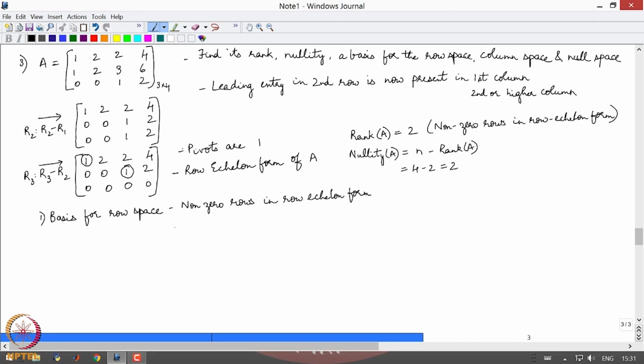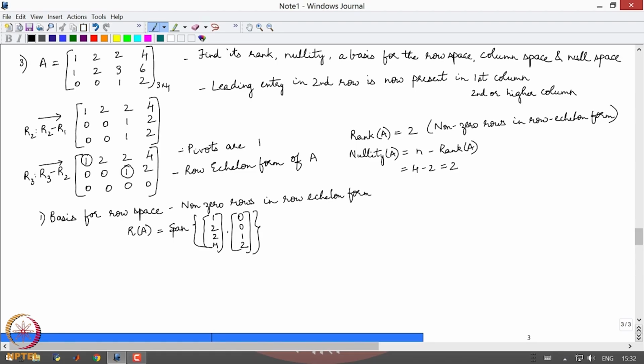So, I can say that my row space is the span of these rows, so this is my row space.